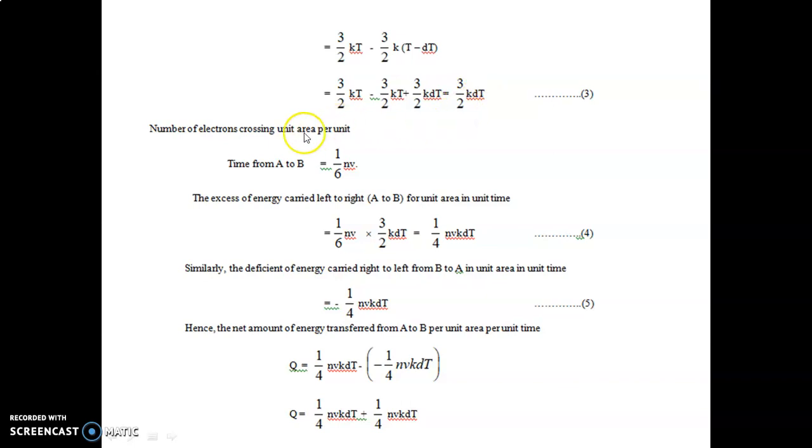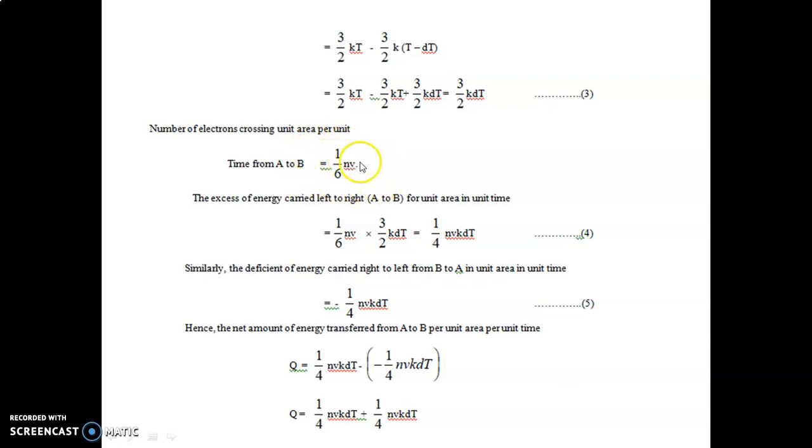But we want to write the total number of electrons crossing per unit area per unit time from A to B, which is n v divided by 6. n is the number of electrons, small v is the velocity of electron. This expression is derived from the coordinate system concept.